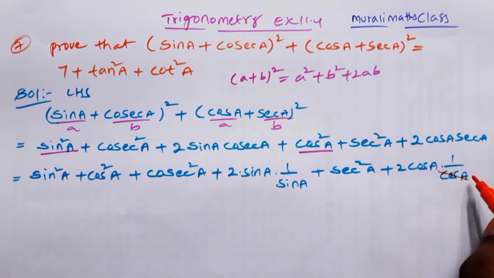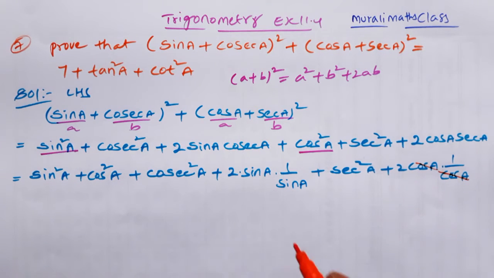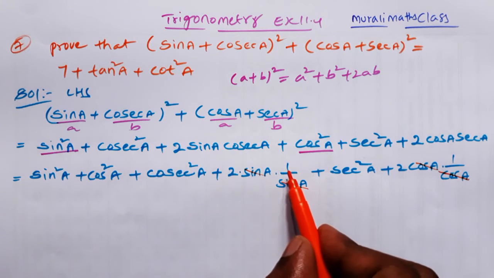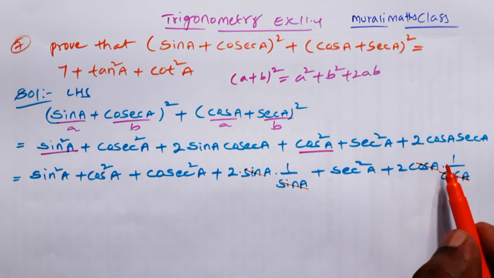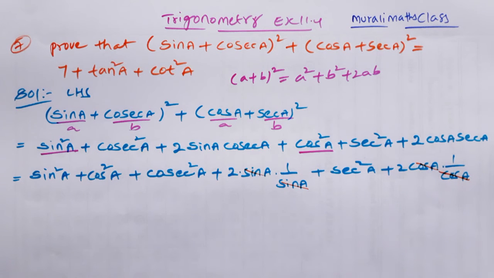Cos A cancels, sin A cancels. So 2 into 1, 2 will be there. Here also 2 into 1, 2 will be there.